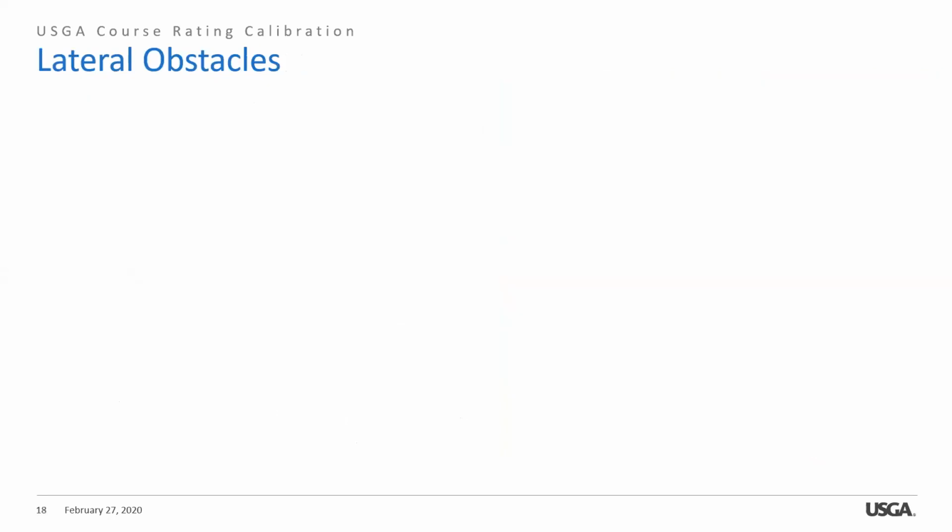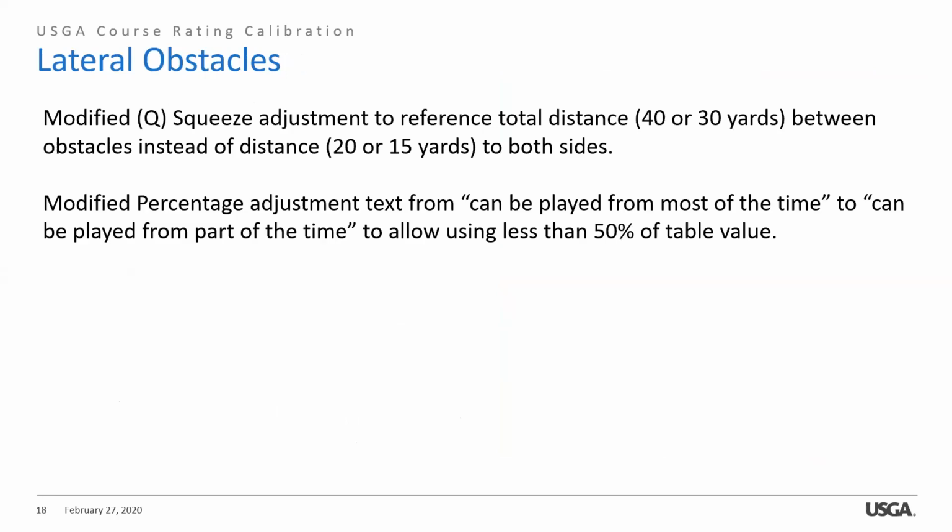All right, lateral obstacles. Just like we did with the bunker squeeze, we've modified the squeeze between lateral obstacles. So now it's just the total distance instead of both sides.